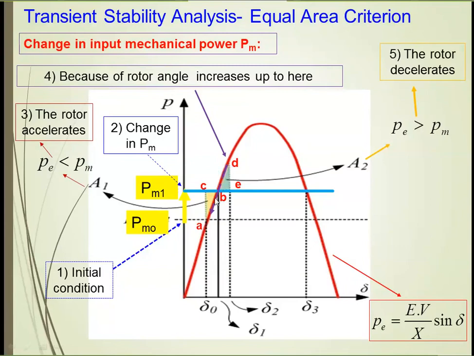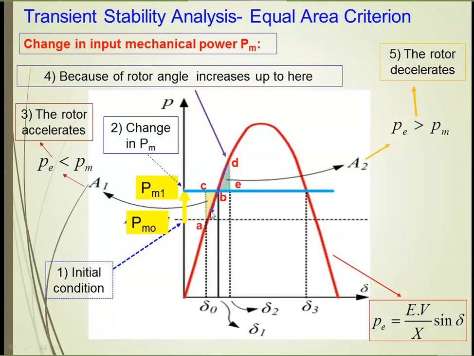So now again the rotor will decelerate here, right? It is possible that the rotor is now swinging. The rotor has swung to the maximum position of the angle, and then again because of the deceleration, it will come back. The rotor will swing to the lower side here now. It swings back. So again, when it swings back, what you find here is that Pm is more than Pe now.